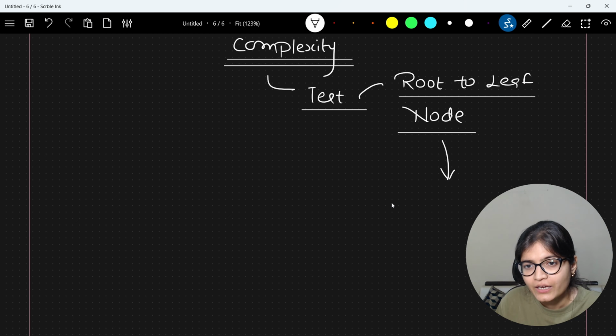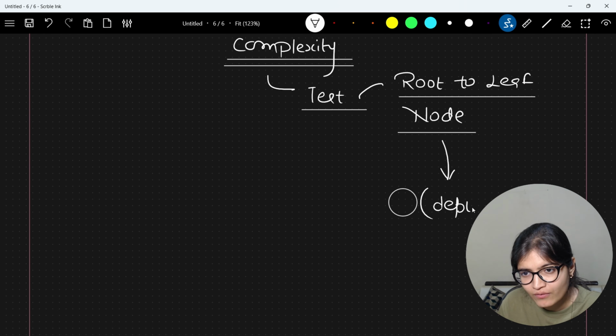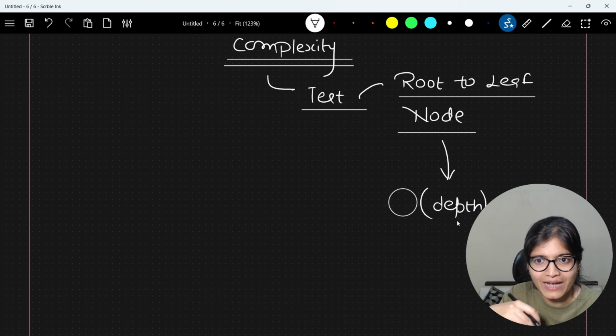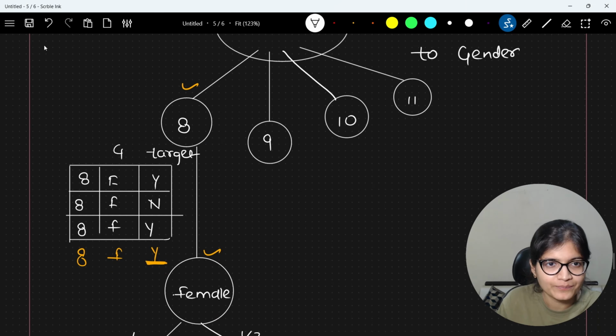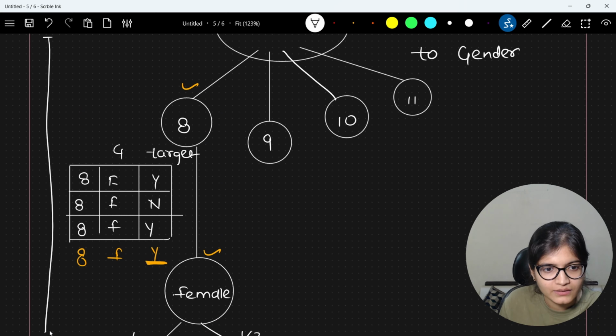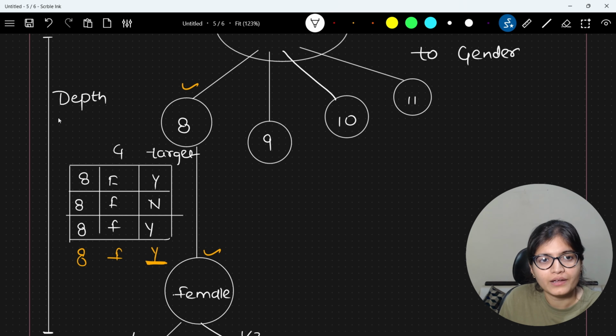So can I say it will be nothing but big O of the depth of the tree, or the height of the tree, right? This is the complete depth, or we can say the height of the tree.